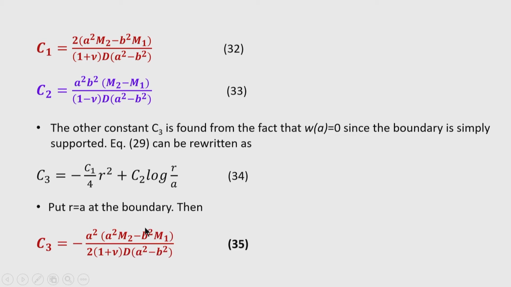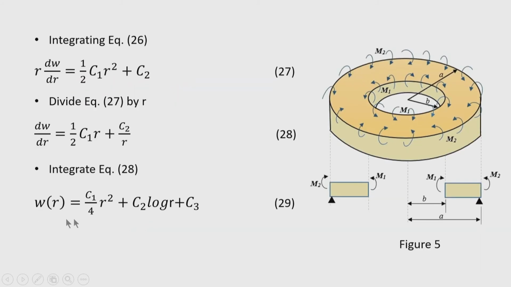So, the three constants of integration are now completely known, because we require only three constants C 1, C 2, C 3. Three constants appear because we have integrated a third order equation instead of a fourth order equation.